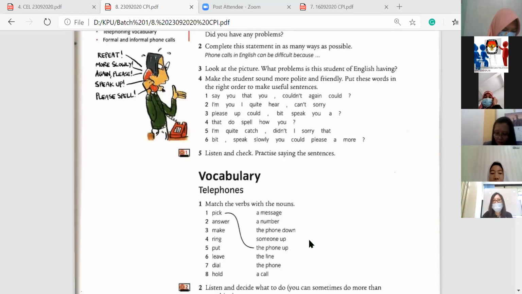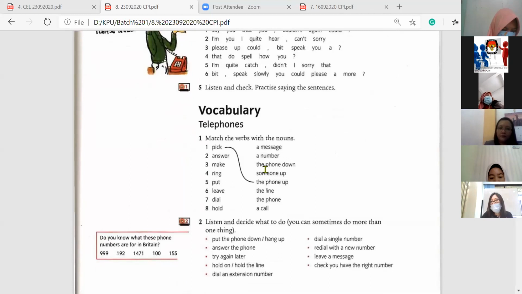Okay. We are going to later practice making phone calls, but right now let's try to listen and decide what to do. So you are going to listen to 10 recordings and decide what you have to do. These are the options.